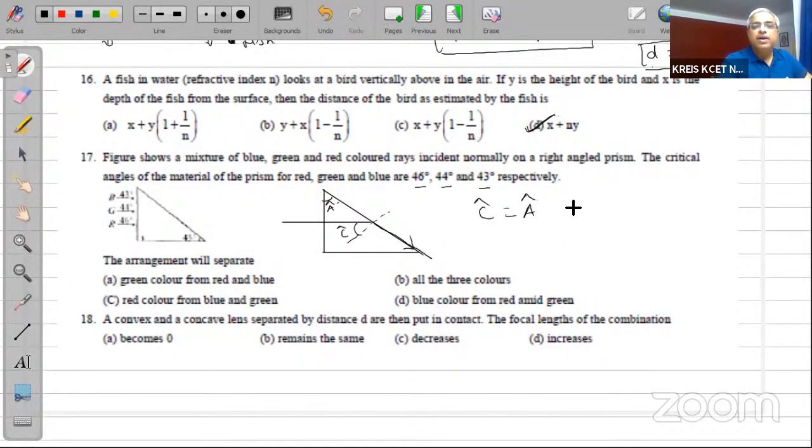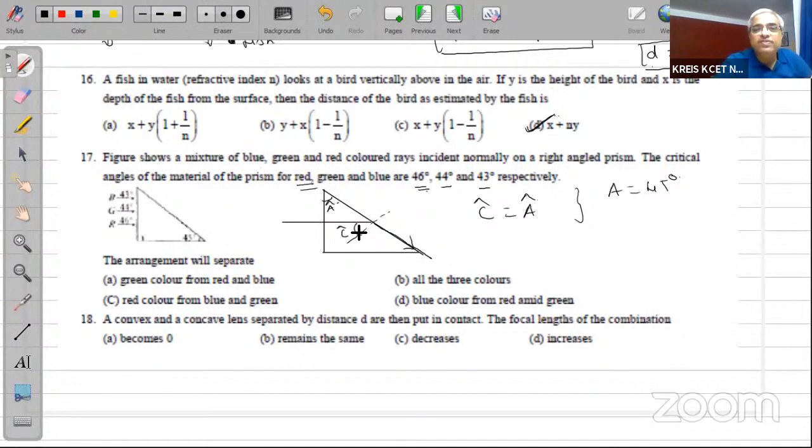Now, let us say the angle A is known to be 45 degree. This is the incident beam. First, the critical angle for red is given to be 46 degree.